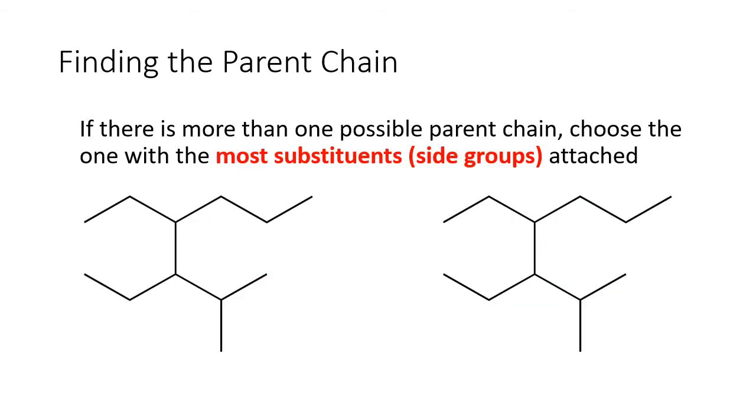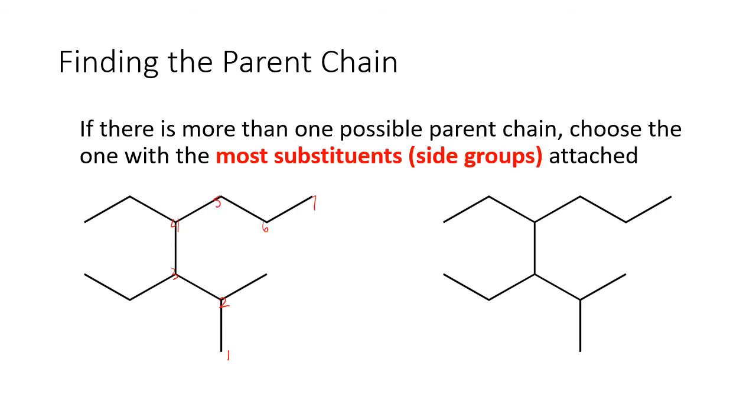If there's more than one possible way to number a parent chain, like let's say there's 2 ways and you end up with the same longest continuous carbon chain, we want to choose the one that has more substituents attached to it, which are side groups. So for example, maybe we start numbering the molecule on the left 1, 2, 3, 4, 5, 6, 7.